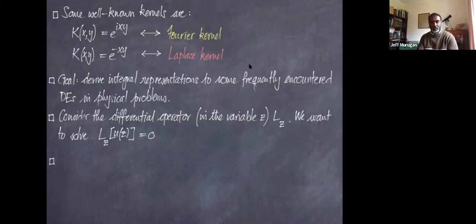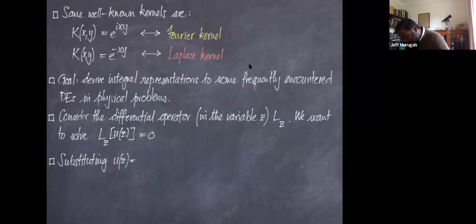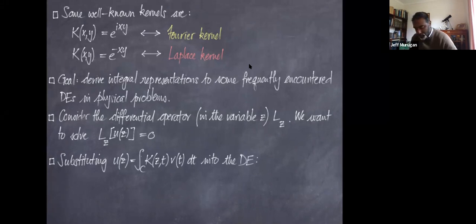So now let's assume that we can take the expansion that we wrote down for u, and we'll stick it into the differential equation. So substituting u of z equal to the integral over C of K of z, t, v of t dt into the equation, we'll find the following.